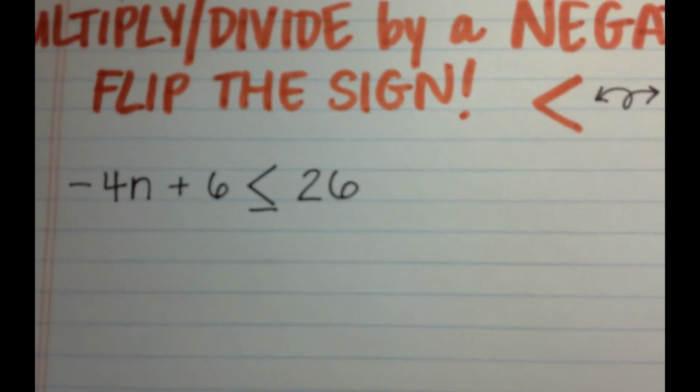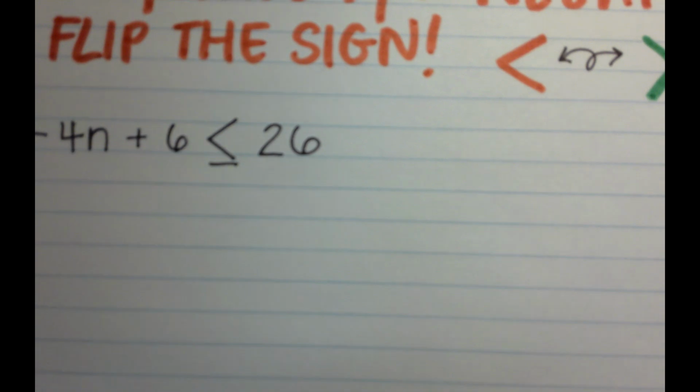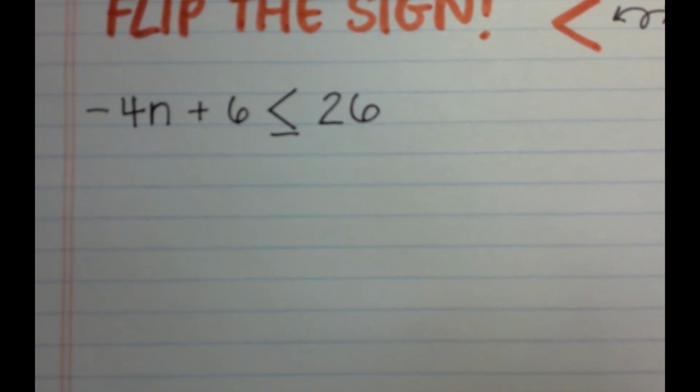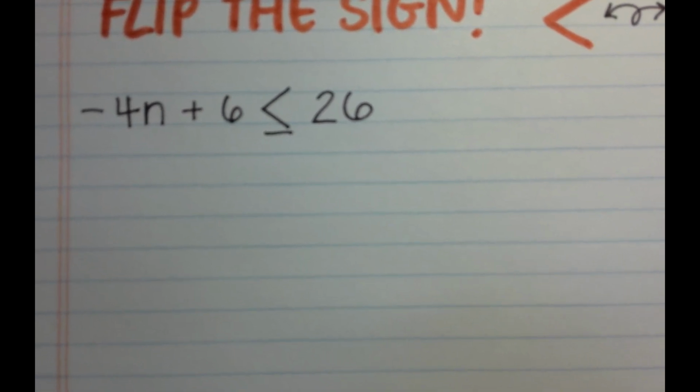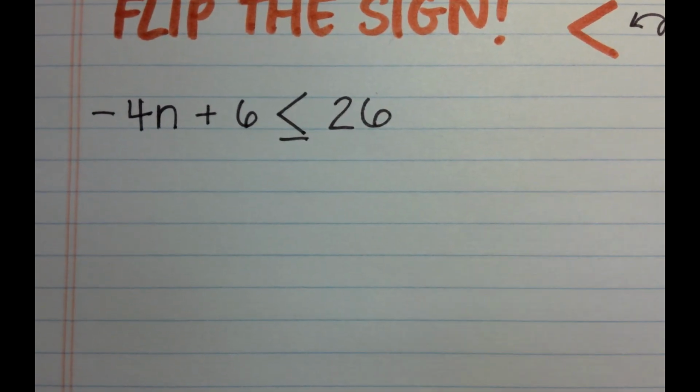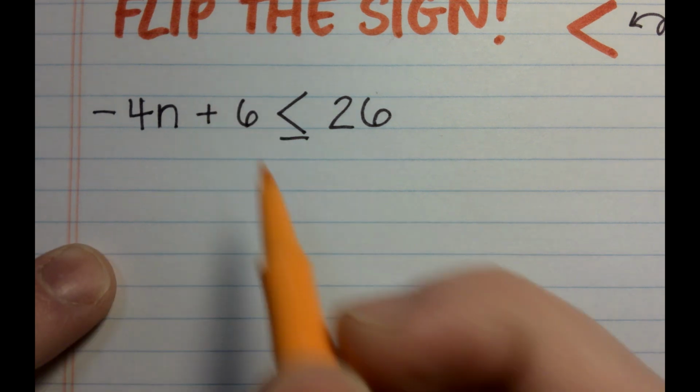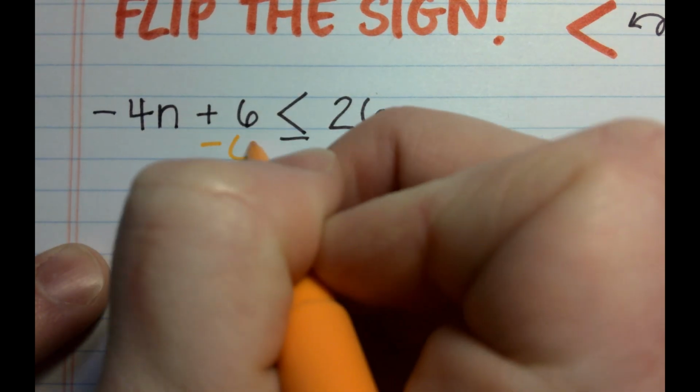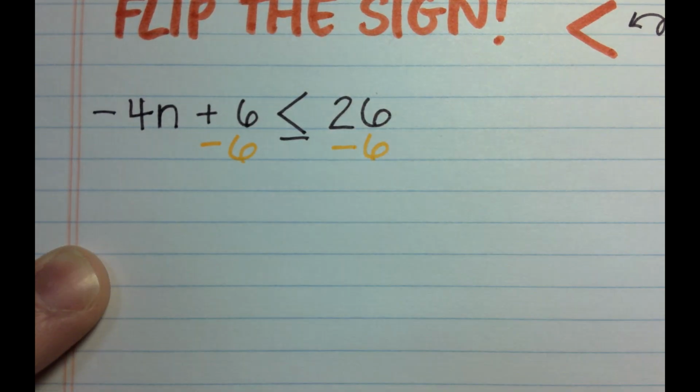Okay, let's do it. So now we have negative 4 times n plus 6 is less than or equal to 26. So somebody tell me, what would I do here first? Subtract 6 on both sides. Good. We want to get rid of plus 6. We'll subtract 6 on both sides.